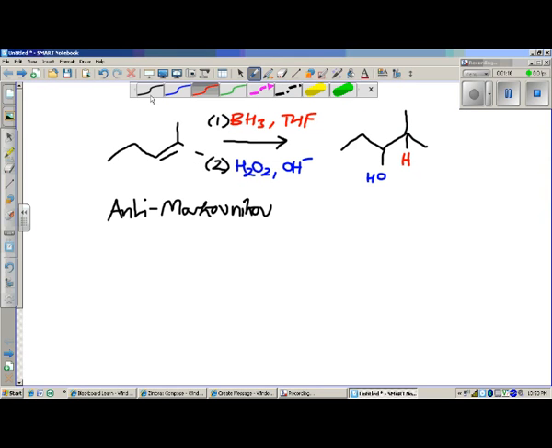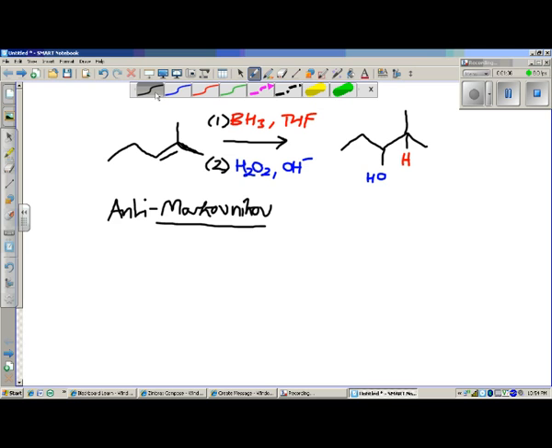Okay, so opposite to the normal regiochemistry that you'd normally see from Markovnikov products, this is the one that does the opposite.